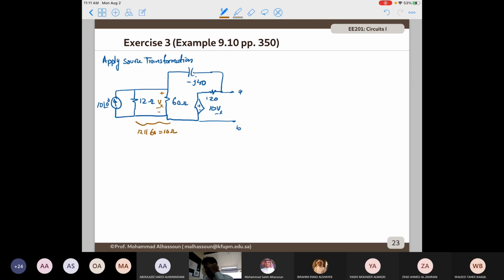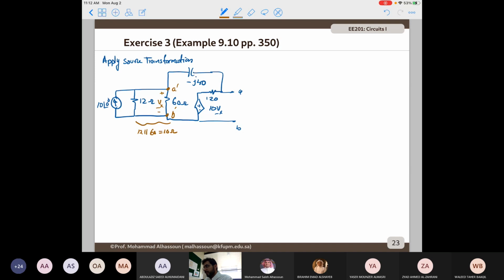And if I combine them in parallel, I can also apply the source transformation. Remember from the property of the source transformation, if this is point, say like A prime, this is B prime, then if you apply the source transformation, you should get the same voltage and the same current between the terminals. So the source transformation should not change the voltage.